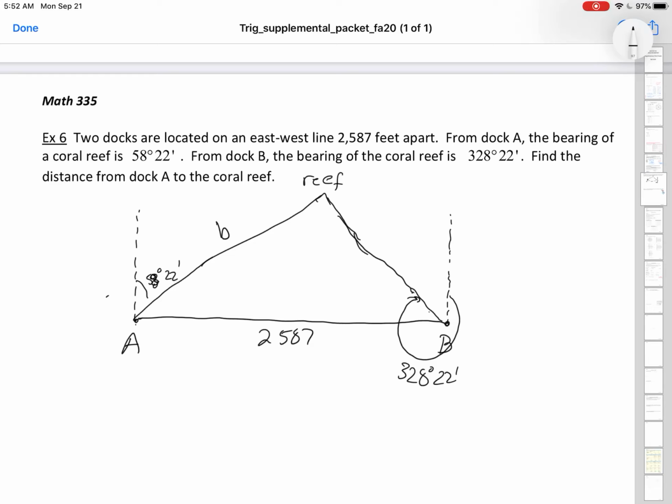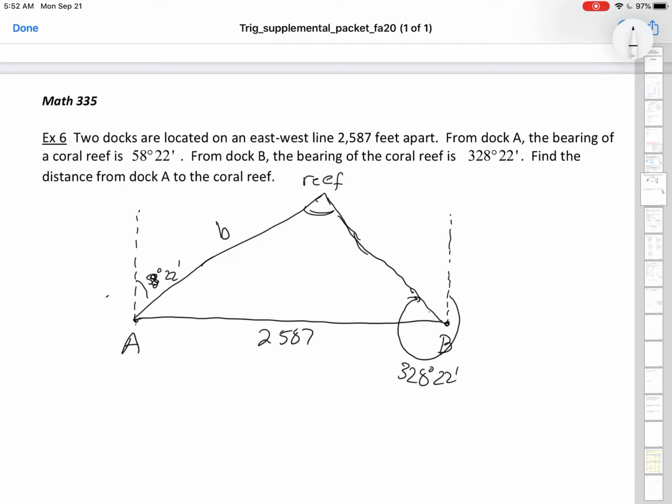If we want to know little b, I'm going to need to know the angle opposite it, and I'm also going to need the angle opposite the given side. So what do we have in here?